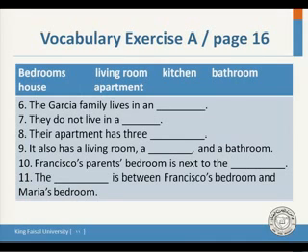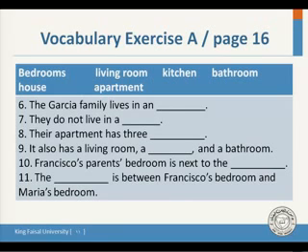We have 6 more words and 6 more sentences. Look at the sentences and the words. We have bedrooms, living room, kitchen, bathroom, house, apartment. Now all these sentences are about Francisco's house.